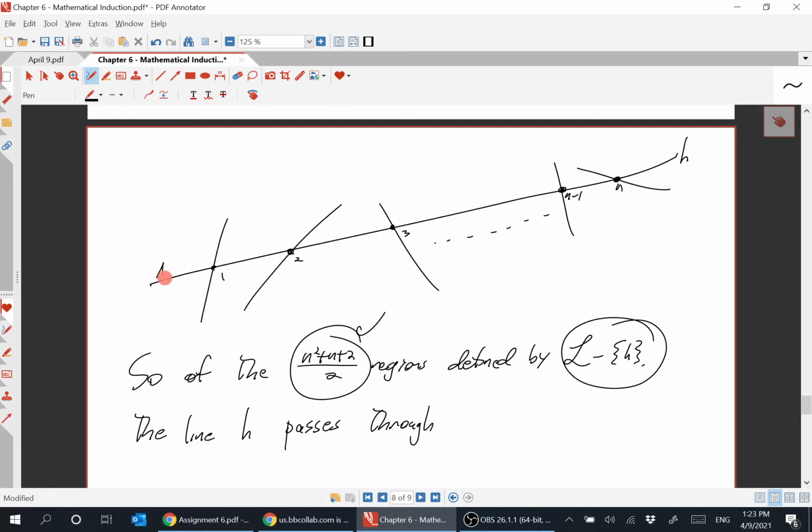So here's a region. Here's a region. Here's another. N plus 1? N plus 1, yeah.